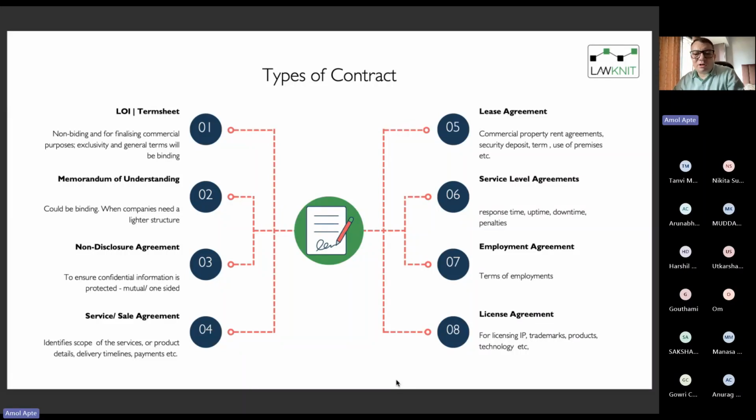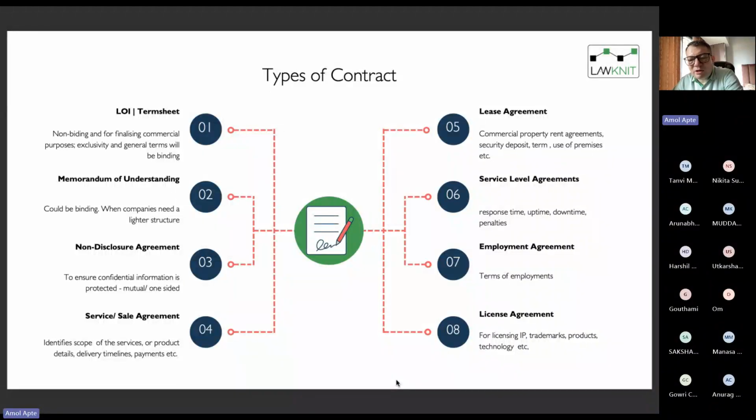You cover certain obligations around the response time to a complaint, what is going to be the escalation matrix, what is going to be the uptime, downtime related obligations, what are the penalties if I breach the uptime obligation or the downtime obligation is breached? If I don't respond within the timelines prescribed or the TATs prescribed within the agreement, what happens?